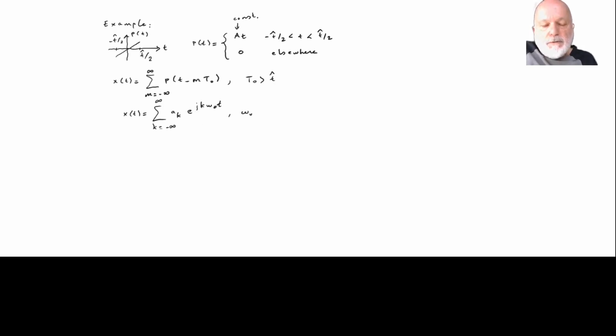Here omega 0 is of course equal to 2 pi over T0. So x of t has the Fourier series coefficients ak. Now we have calculated these coefficients explicitly in another video.